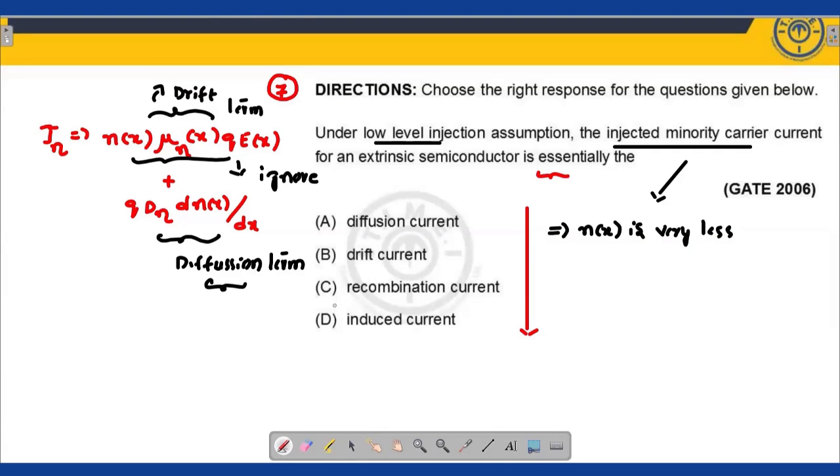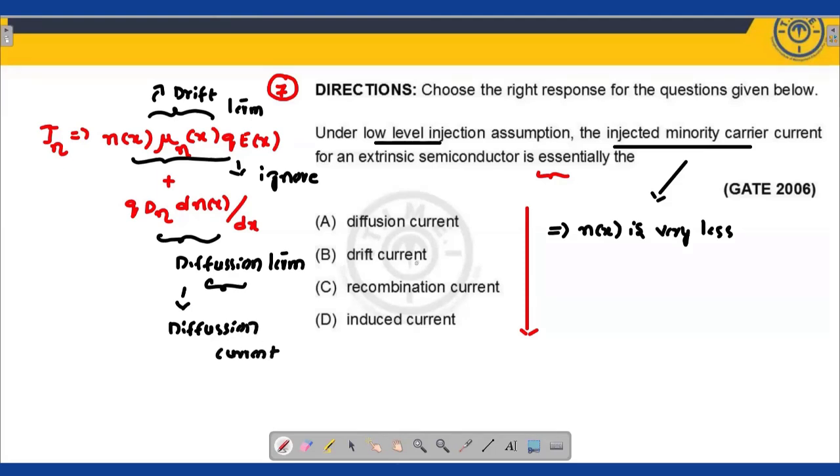So ultimately, what is the term that is left over here? The term that is left here is the diffusion term. So here, because the drift term is ignored, under low level injection this particular current I am going to call a diffusion current.